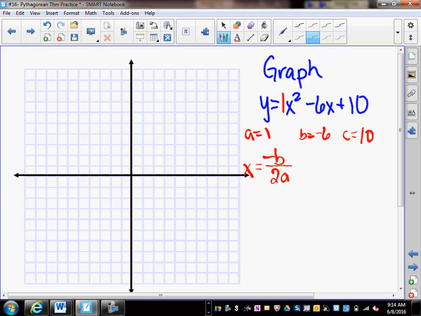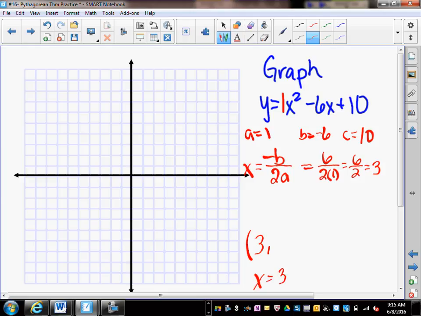So -b/2a. Well, what's the opposite of b? Good. And 2 times 1, so that's 6/2, which is 3. So for my vertex, I have 3. I also have my axis of symmetry is x equals 3.